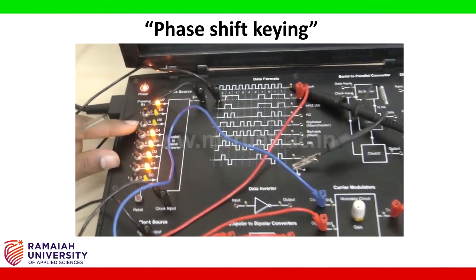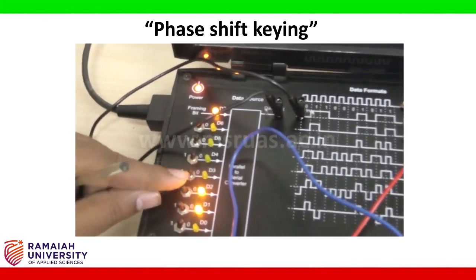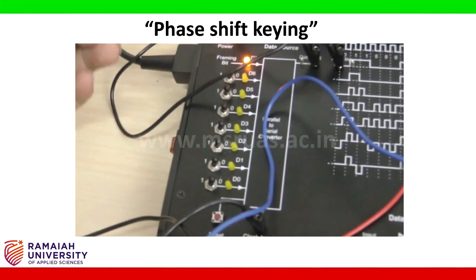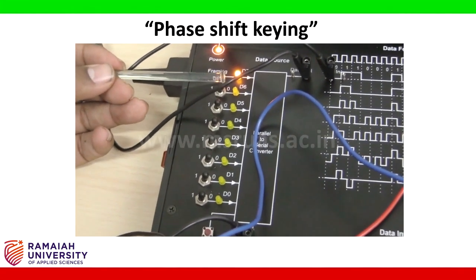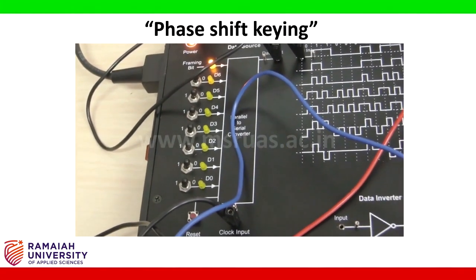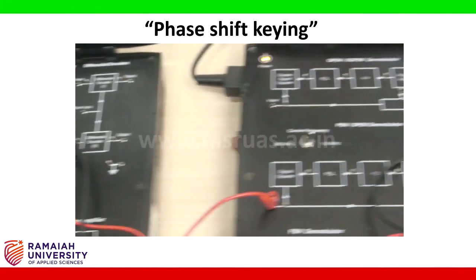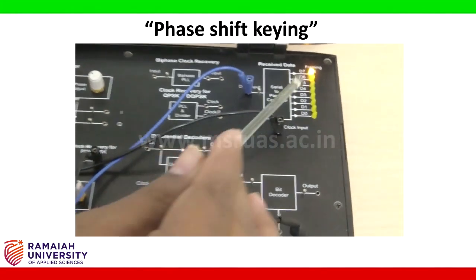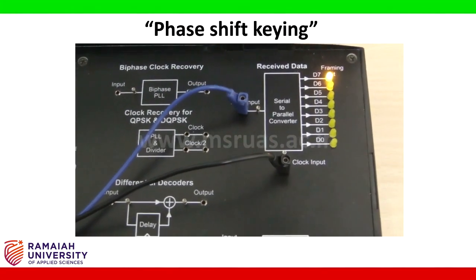Now let us set all the bits to 0, and I am transmitting only the framing bit. So you can observe the corresponding framing bit in the receiving 2157 board, that is D7 here.